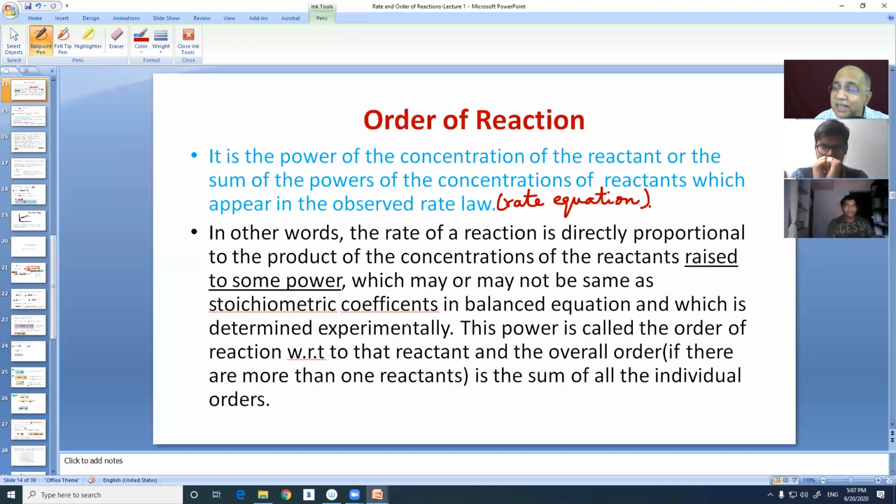But here it is the experimentally determined power of the reactant concentration on which the rate at any time is dependent. So therefore, this power may or may not be equal to the stoichiometric coefficients. By chance it may, in some cases coincidentally, yes, particularly for elementary reactions.